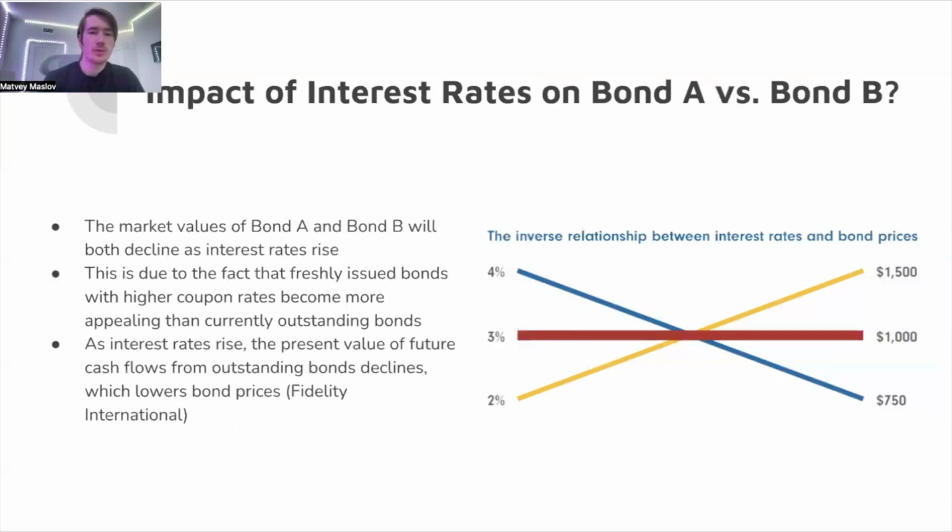Let's take a look at the impact of interest rates on bond A versus bond B. In this case, the market values of bond A and bond B will both decline as interest rates rise. This is due to the fact that freshly issued bonds with higher coupon rates become more appealing than currently outstanding bonds. As interest rates rise, the present value of future cash flows from outstanding bonds declines, which lowers the bond prices.